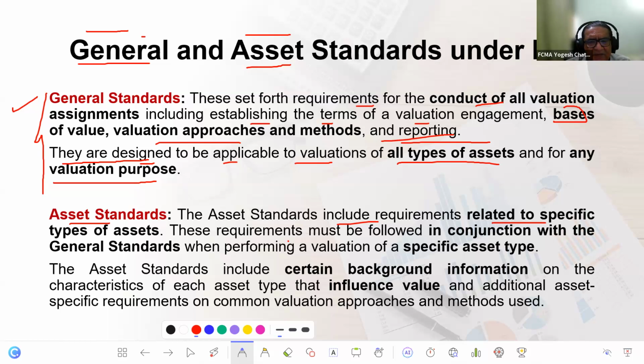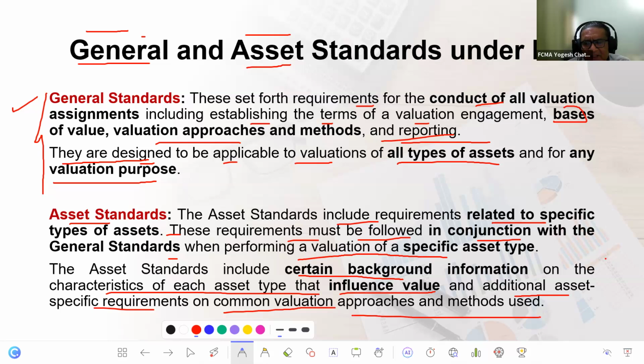And these requirements need to be followed in connection with the general standard. As we discussed, compliance with the general standard is mandatory when performing a valuation of a specific asset type. The asset standard will include certain background information on the characteristics of each asset type that will influence the value, and additional asset specific requirements on common valuation approaches and methods used.